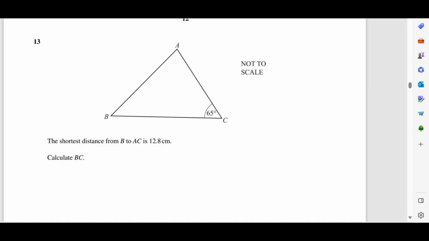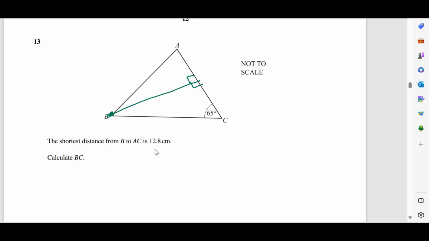In this one, again we have to find out the shortest distance from B to AC. So the shortest distance from B to AC will be like this, from B to AC. It means this side will be the perpendicular side.